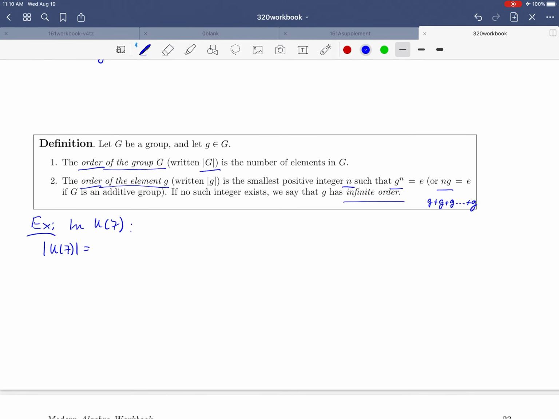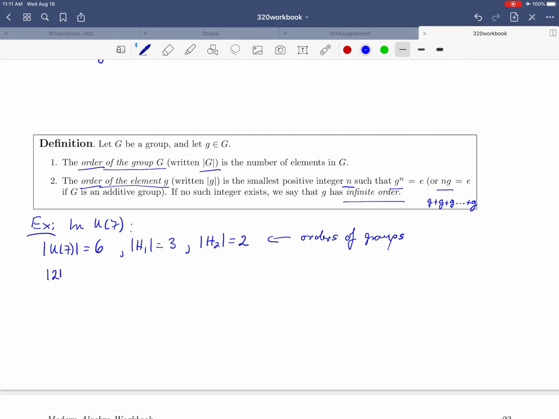So that means that the order of U7 is 6. And similarly, that subgroup H1 that we encountered had 3 things in it, and the subgroup H2 had 2 things in it. So these are the orders of groups, the number of elements in that group.